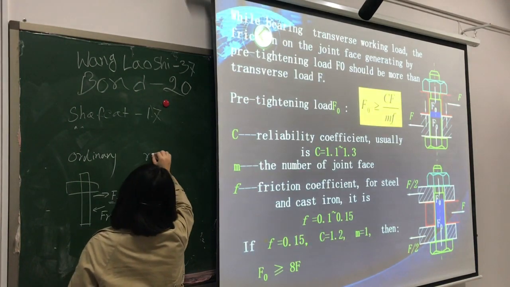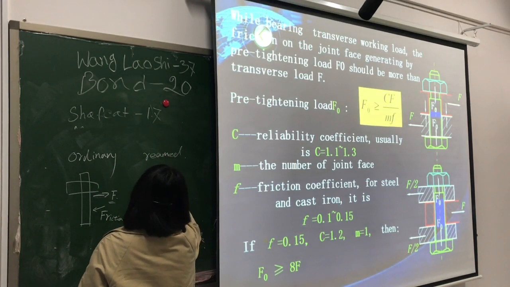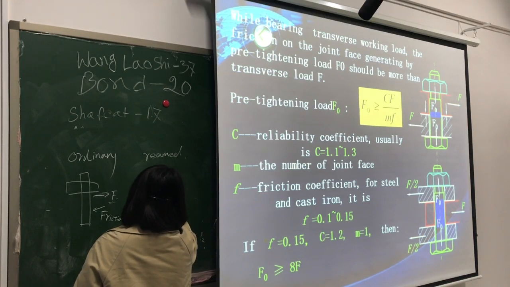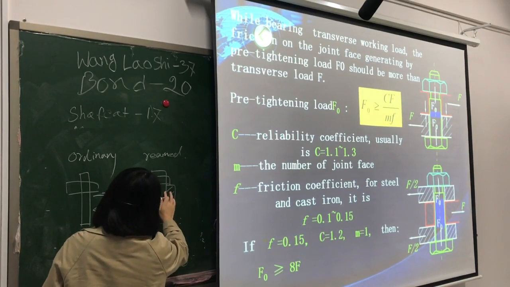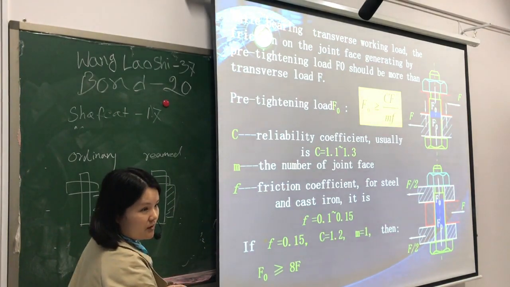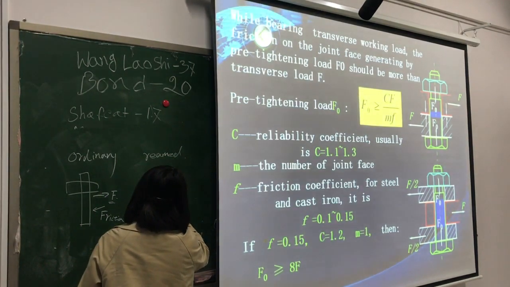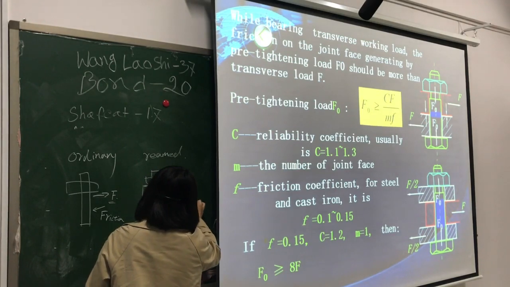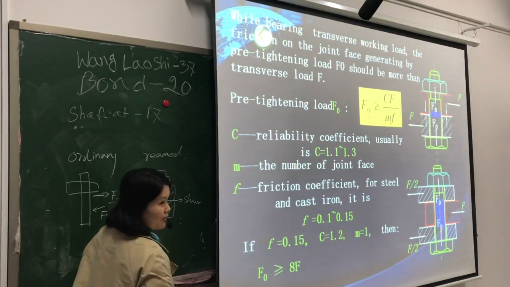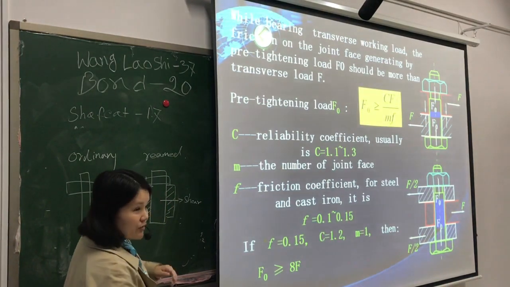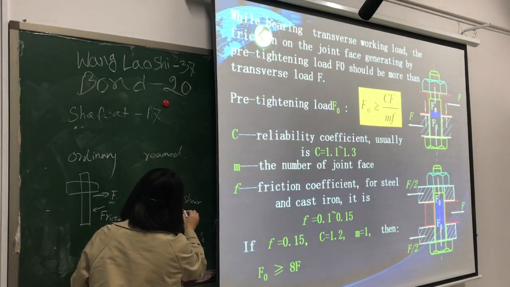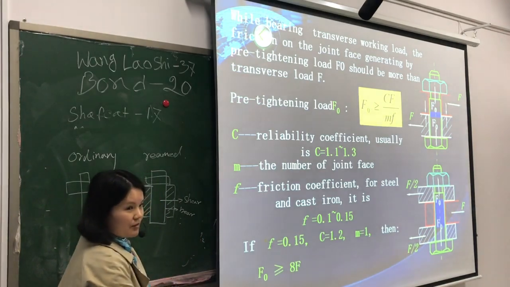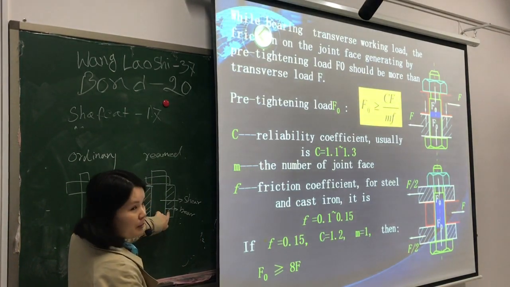But for a reamed bolt, unlike the member, there is no clearance, so it's subject to a shearing stress of the bolt, and this bearing stress between the bolt and the members.